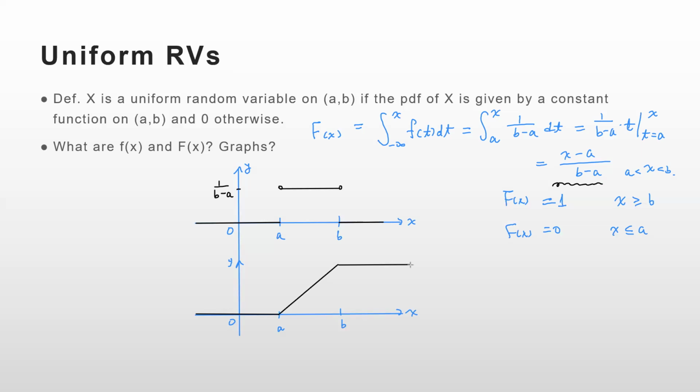And then you have a horizontal line again, where the y value is 1. Okay, so this is little f(x), the density function, and the CDF, the cumulative distribution function.